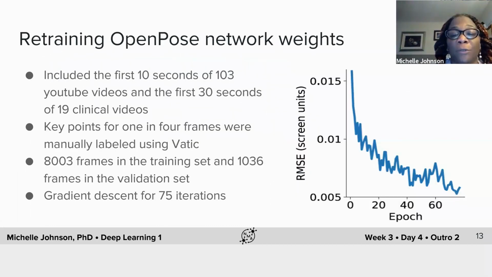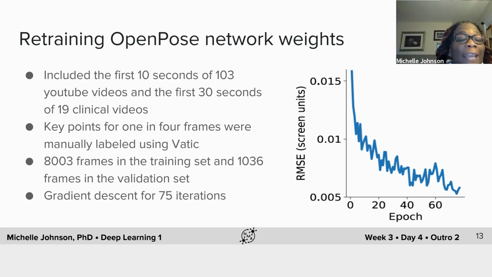So how did we do the retraining? So first we annotated 10 seconds of 103 YouTube videos and the first 30 seconds of the 19 clinical videos. We then identified the key points using 1 in 4 frames, and then we labeled them manually with VATIC.